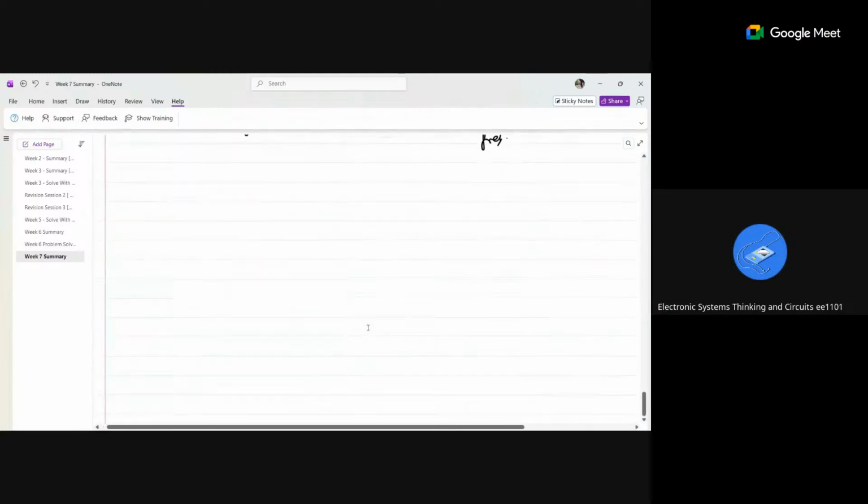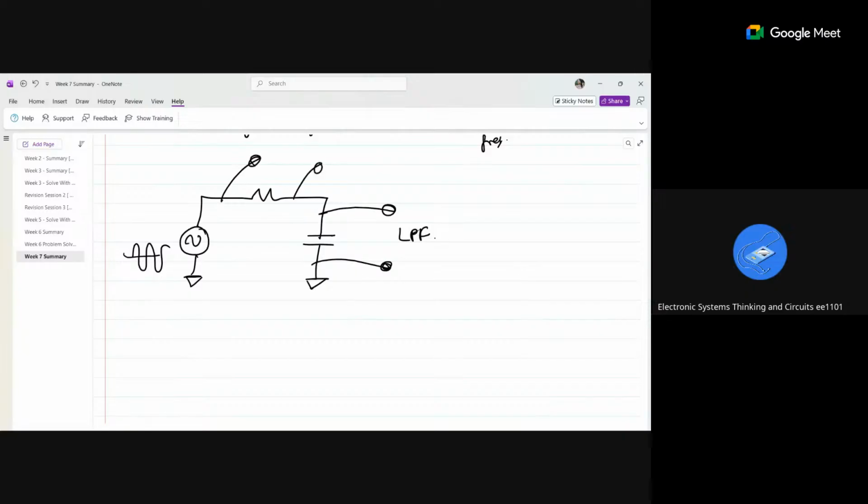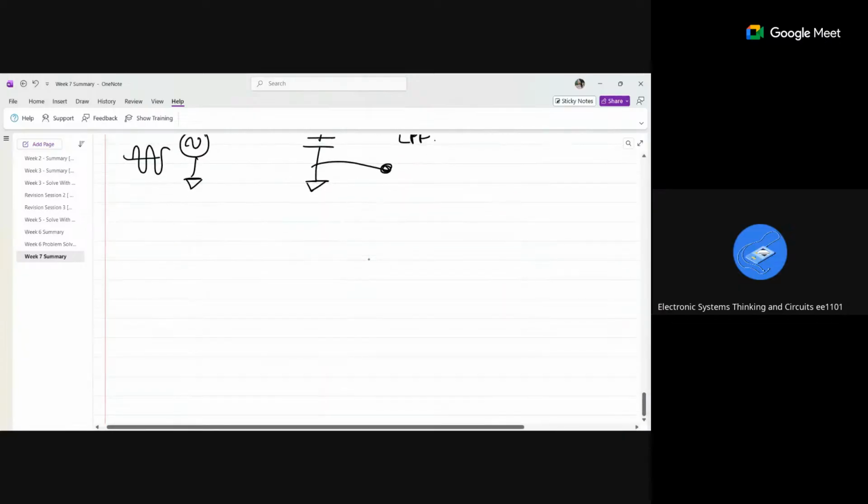So in short, the same circuit, you are giving the same sine wave. If you take the voltage across a capacitor, it will be a low pass filter. If you take the voltage across the resistor, it will be a high pass filter. So I will just redraw the circuit.